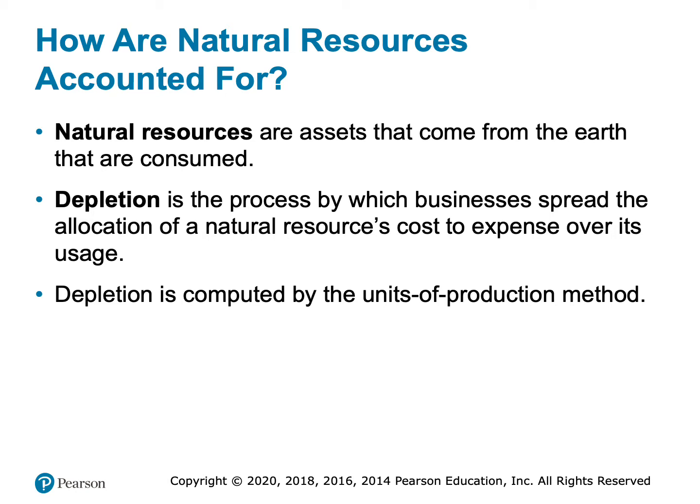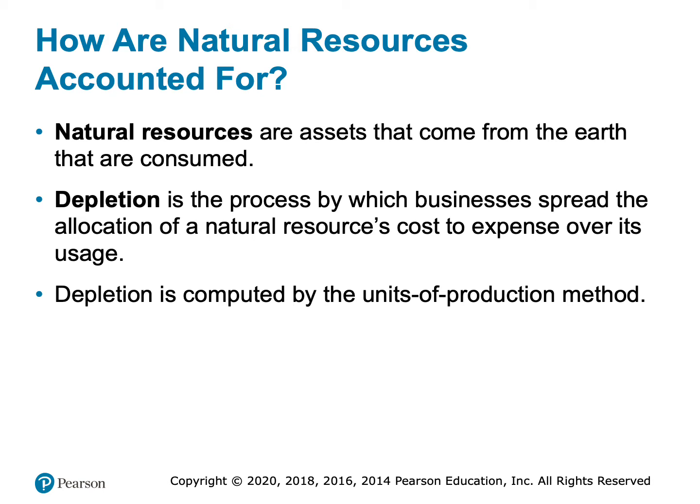Depletion is very similar to the units of production method. So if we're talking an oil well, then they would estimate, for example, when they drilled oil, the size of the well. They would estimate how many gallons were in there and what is that worth. That's what we would record it at. And then every year as they pumped oil out, we would deplete it, using kind of that units of production method.